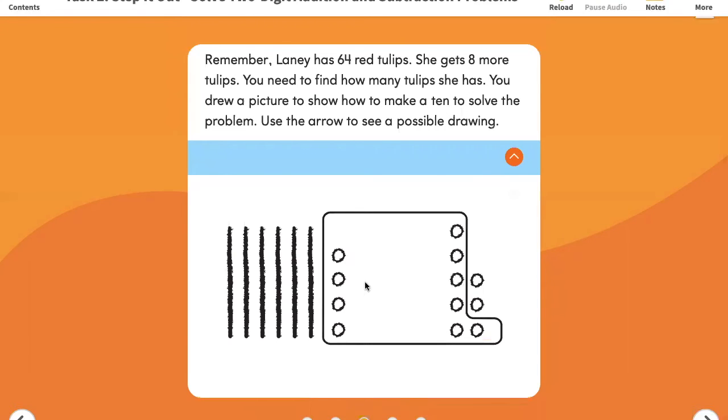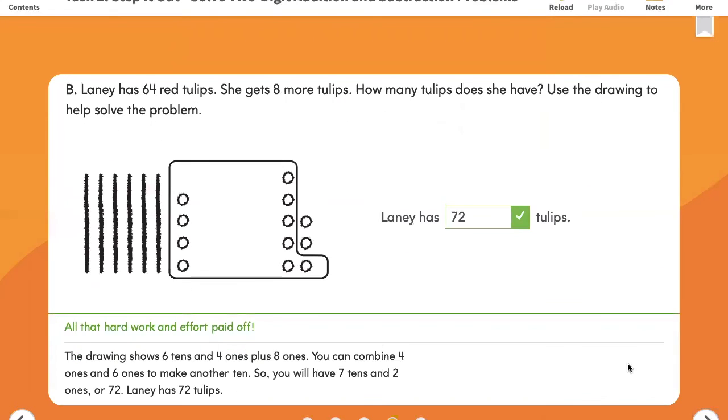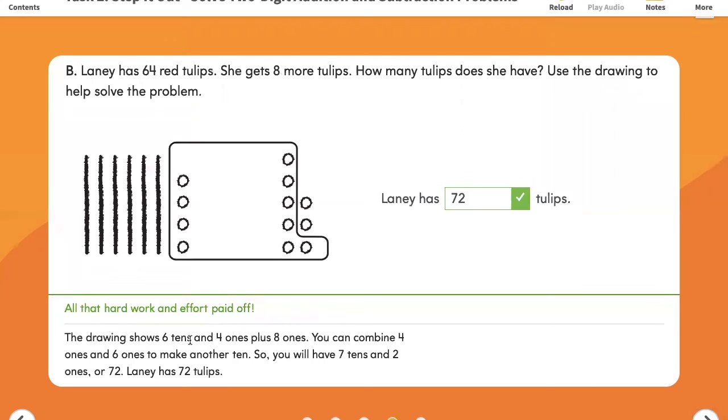Here's the drawing that they used. They circled to make a group of 10. So we know now that Lainey has 72 tulips. The drawing shows 6 tens and 4 ones plus 8 ones. You can combine 4 ones and 6 ones to make another 10.